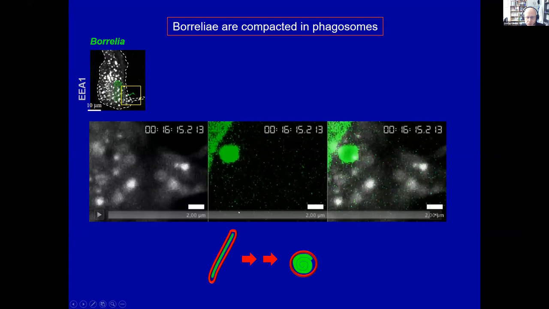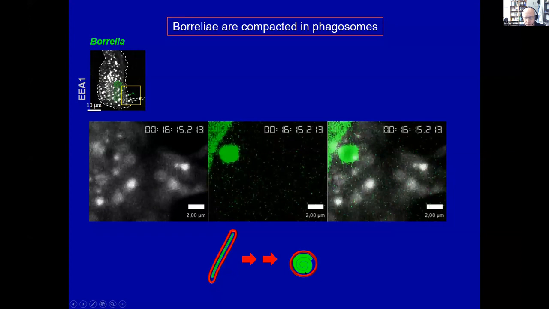One of the things that really interests us is how this elongated form of the spirochete is driven to this compacted stage, because we've observed that compaction is an absolute prerequisite for the subsequent degradation.